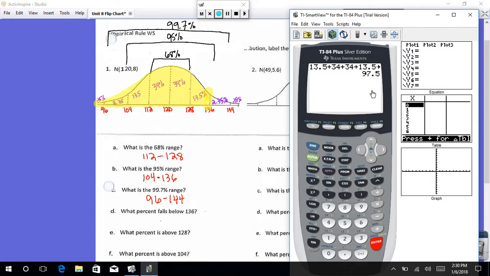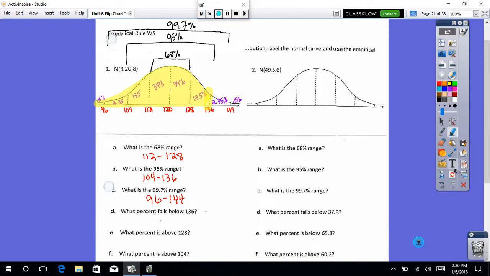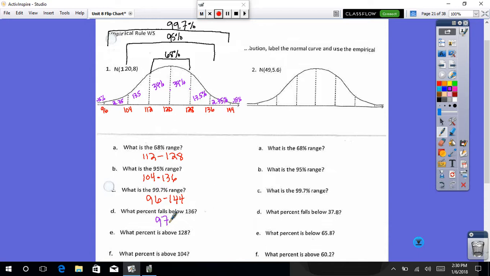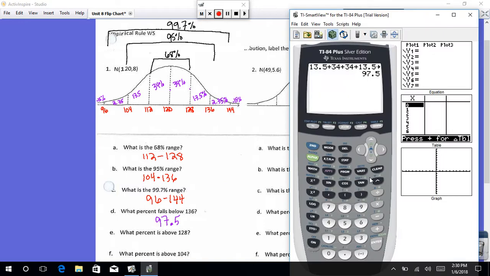And that is 97.5% of our data. So 97.5% of our bowlers scored 136 or lower. An easier way is to say, well, I know that my whole curve is 100%.